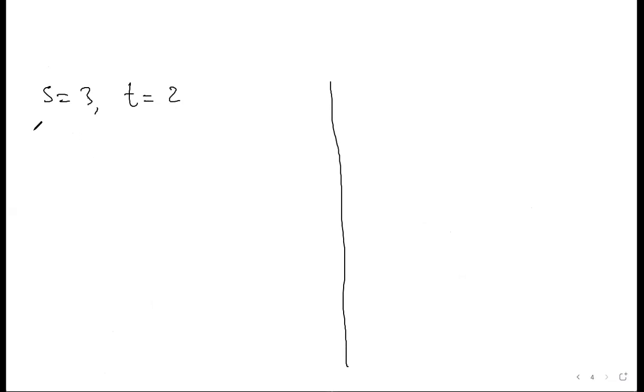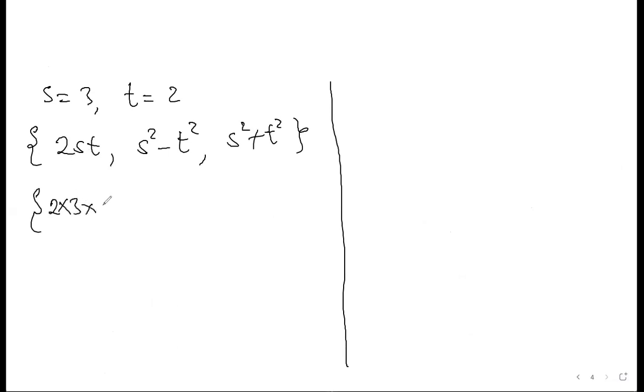So if I use my rule, 2st, s squared minus t squared, and s squared plus t squared, then I can form Pythagoras triple from this. So now I'll have 2 times 3 times 2, because s is 3 and t is 2, then 3 squared minus 2 squared, and 3 squared plus 2 squared.